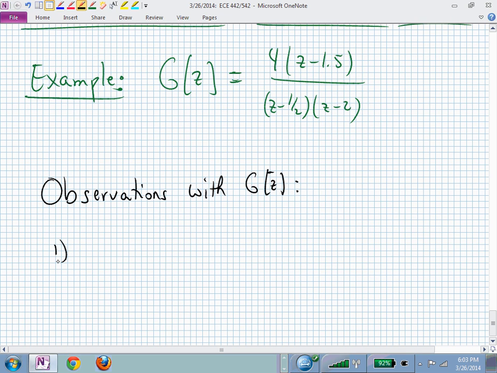One, you just told me that g of z was unstable, and if you really want to impress your interviewer, you might say, oh, g of z has an unstable pole at, and if you don't know, don't say this, just say, oh, it's unstable.